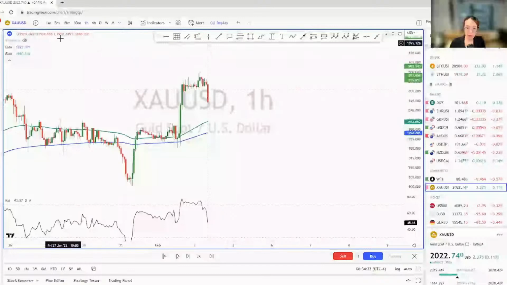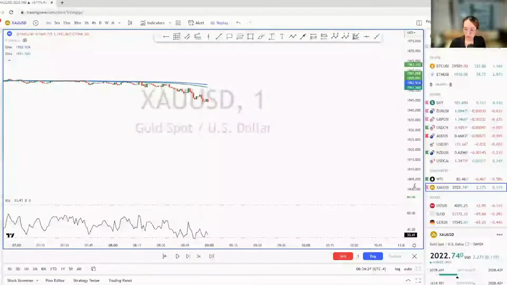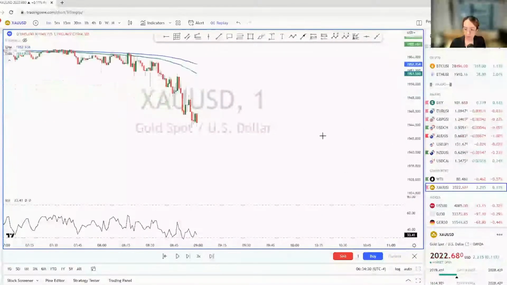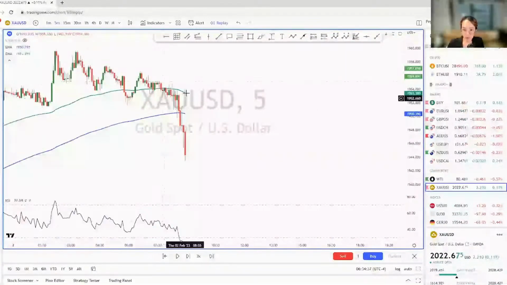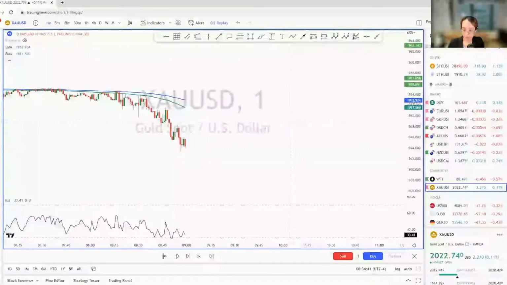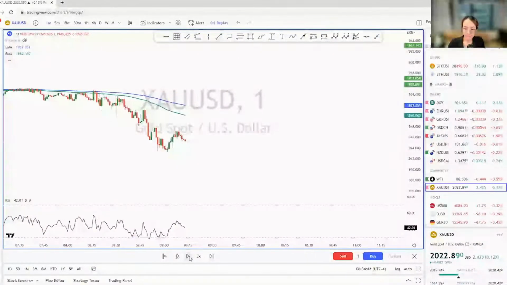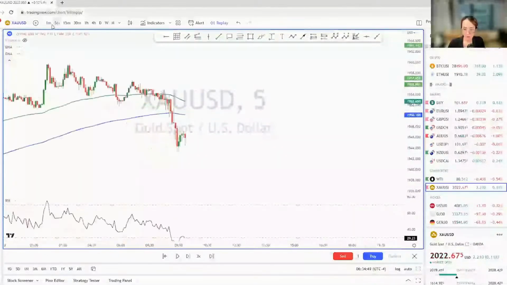Okay, so here we go to M1. You always see the same pattern here. Price is already below EMA 100 and 200 M1, even at M5 price has already broken below, so we wait for them to pull back.